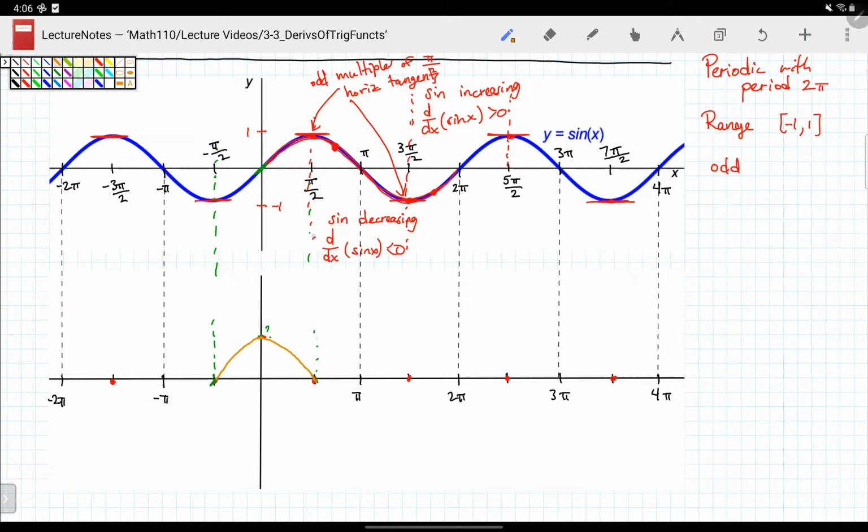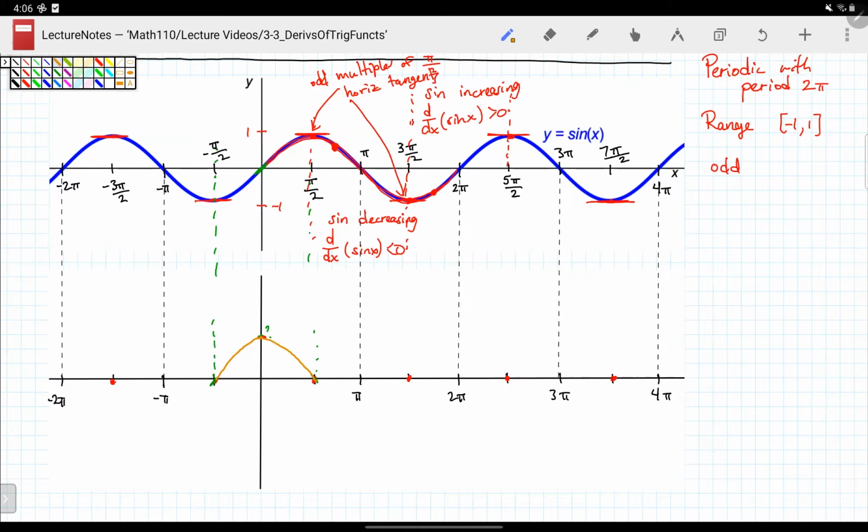Now, between pi over 2 and 3 pi over 2, the sine function is decreasing, so that means the derivative must be negative, so it has to be down here. And again, since there is so much symmetry here, the picture of this portion of the curve looks exactly the same as the picture of the portion of the curve between negative pi over 2 and pi over 2, except it's decreasing instead of increasing.